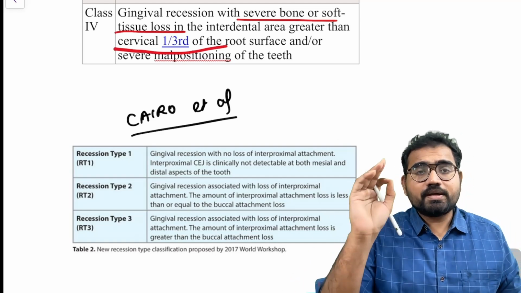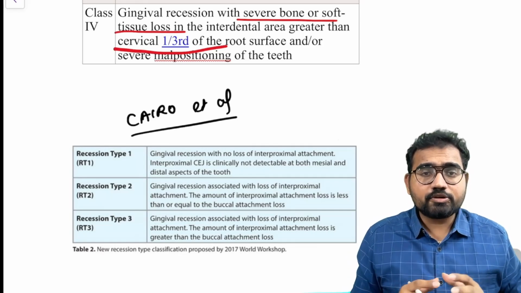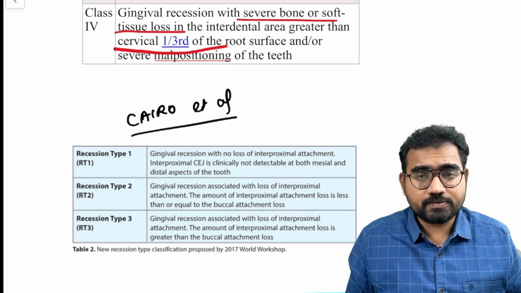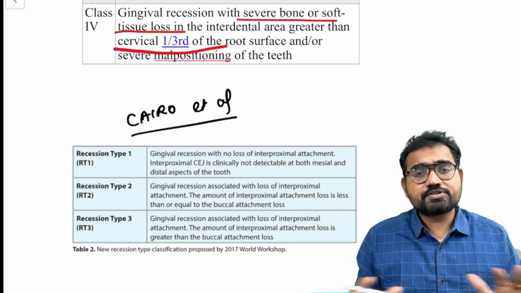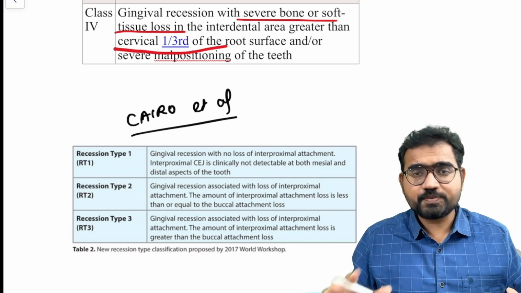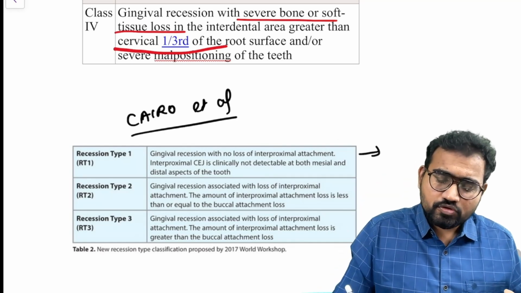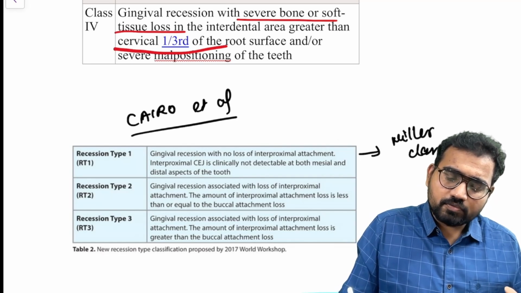In RT1, that is recession type 1, there is going to be no interproximal attachment loss, and the interproximal CEJ is not detectable at both mesial and distal aspects, which means it exactly corresponds to Miller's class 1 and 2.